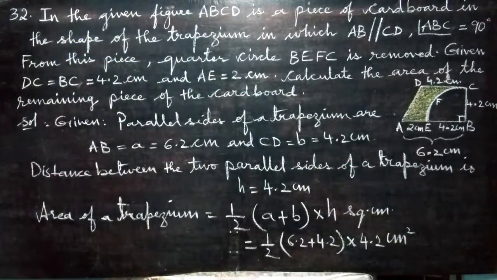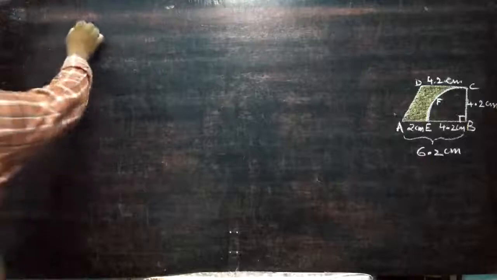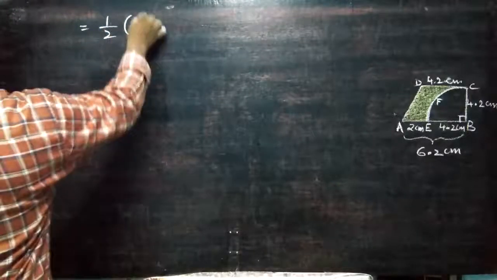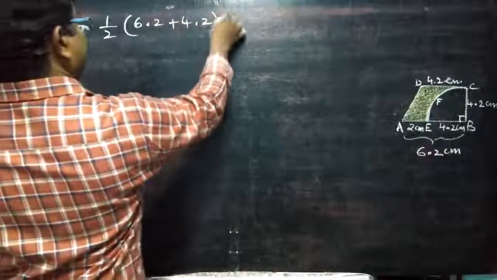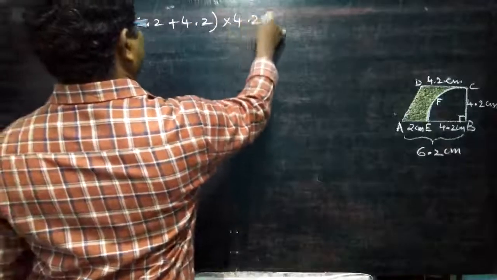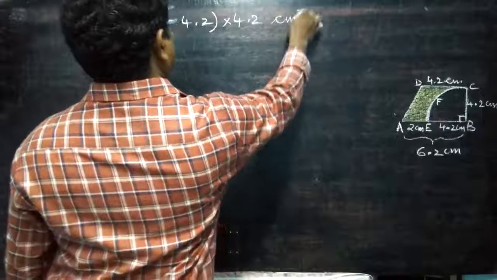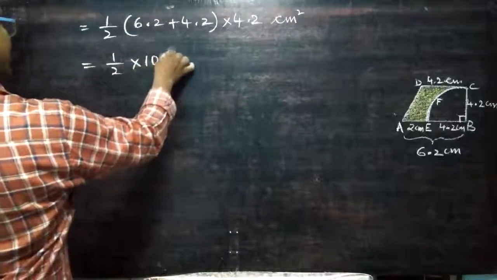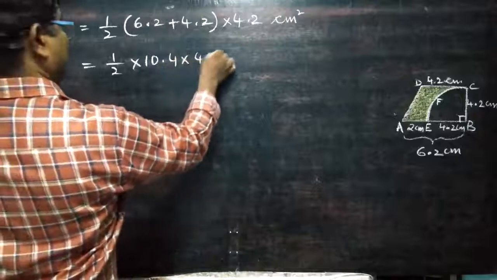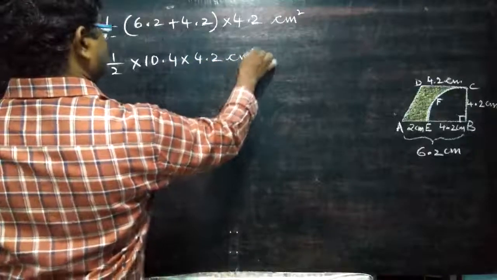Calculate. Now that is equal to half into (6.2 plus 4.2) into 4.2 centimeter square, that is called 1 by 2 into 10.4 into 4.2 centimeter square.